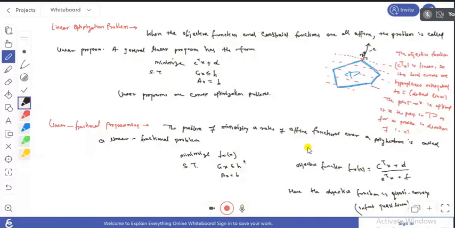Okay, so here this type of program is known as a quasi-convex optimization problem. We also know that linear fractional programs are quasi-linear optimization, because of our main objective function.